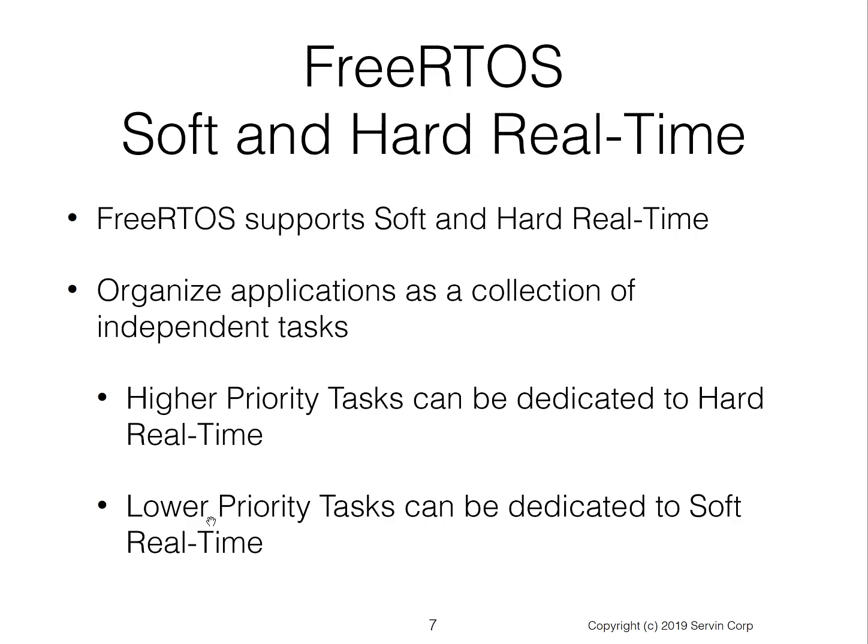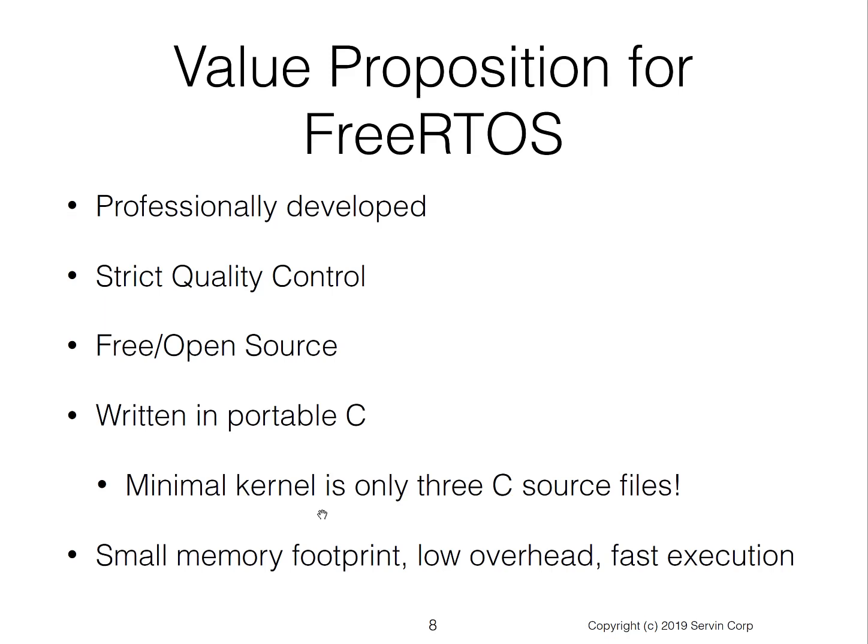So you'll never have to worry about a lower priority task keeping a higher priority task from running. So at the high level, at our first look at this, the high priority tasks will be dedicated to hard real-time, and the lower priority tasks will be dedicated to soft real-time. And of course, as we go through here, we'll learn how you set the priorities and also how you create these tasks.